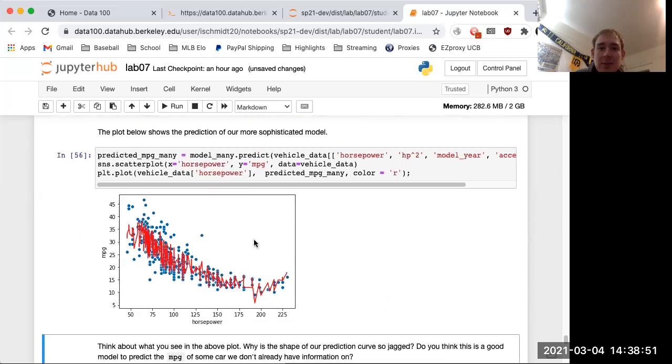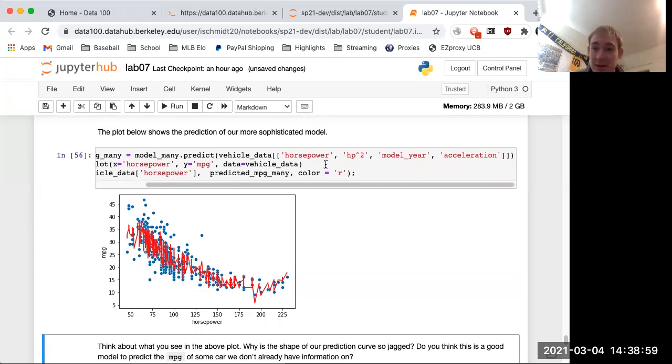So what we have here looks kind of like a crazy line. And that's because it's incorporating the model year and the acceleration. The reason it looks so crazy is because we're only looking at horsepower and MPG, even though model year and acceleration have an influence on these predictions. So you can imagine this is kind of like a cross section.